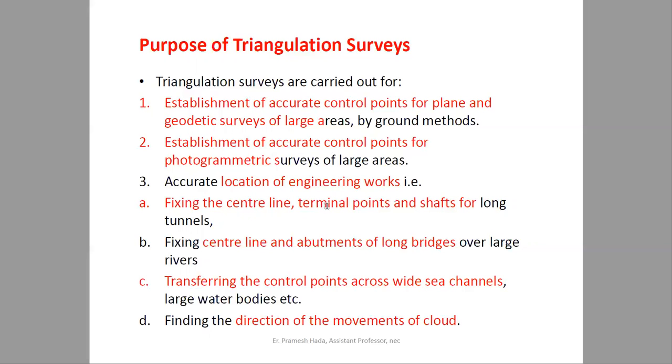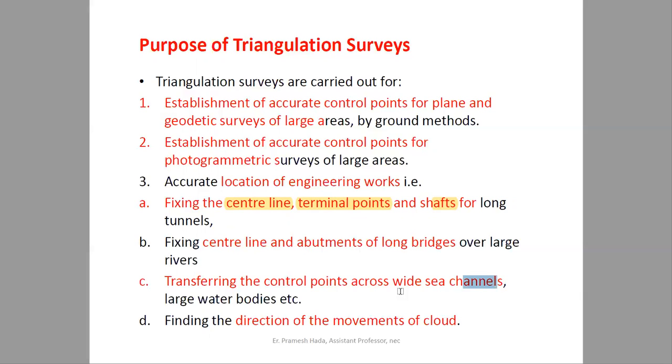Also, we need it in engineering works: fixing the central line, terminal points, and shafts for long tunnels. Fixing the central line and abutments for long bridges. Transferring the control point across a wide sea channel.